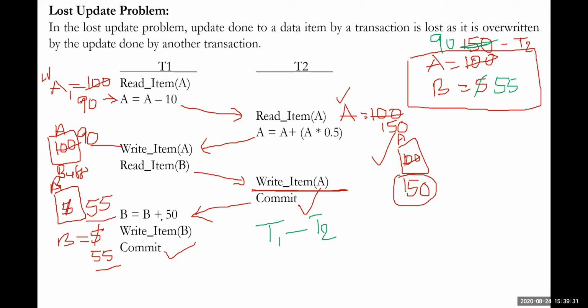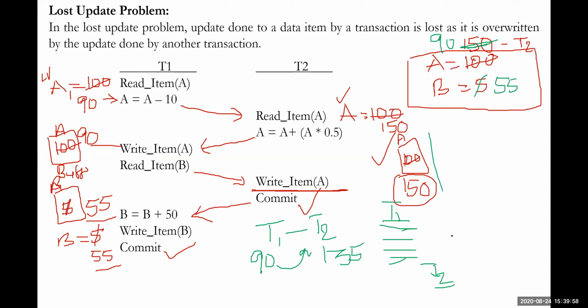After completion of transaction T1, the value of A will be 90, and this 90 will be read by transaction T2 because all instructions of transaction T1 have been completed. Then transaction T2 starts. So 90 will be read, and 135 will be the answer.